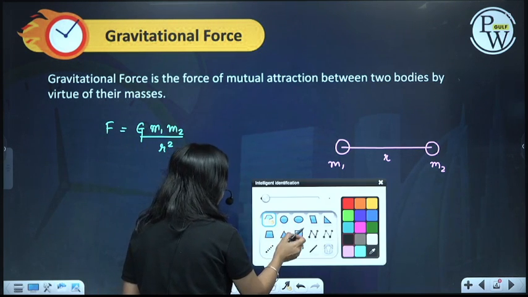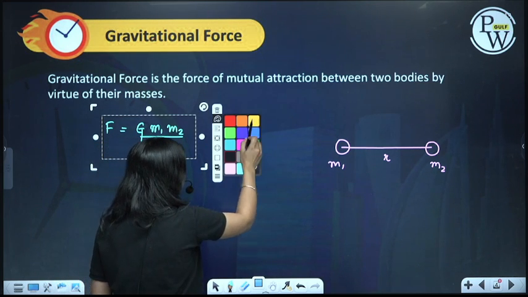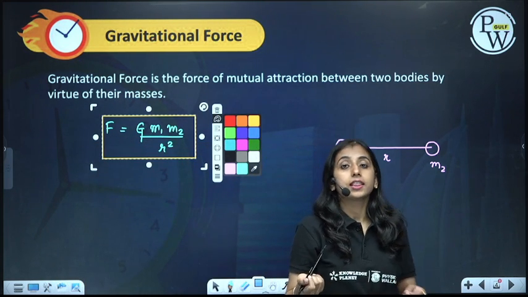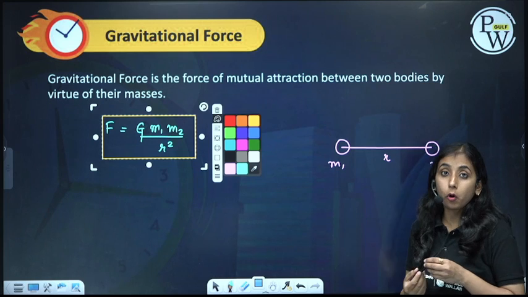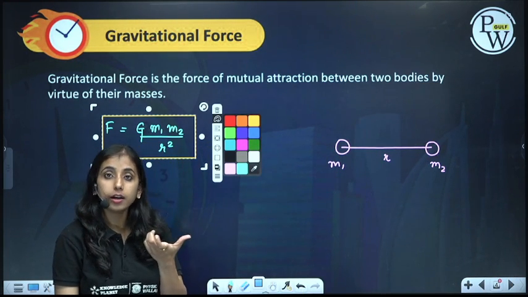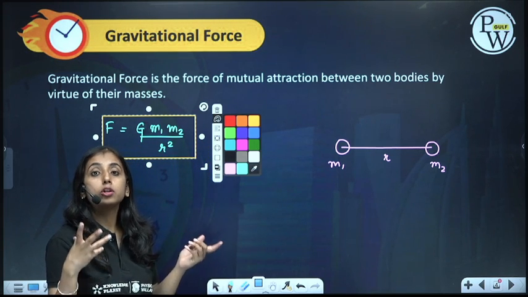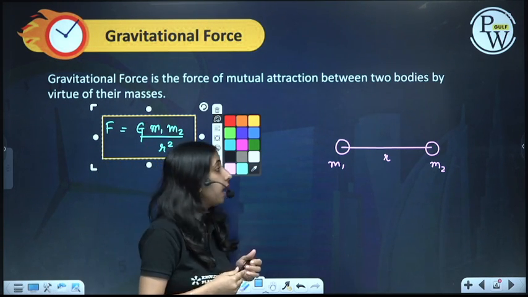This result we get from Newton's laws of motion, that the force acting between two bodies m1 and m2 which are separated by a distance r from the centers is F is equal to G m1 m2 by r square.